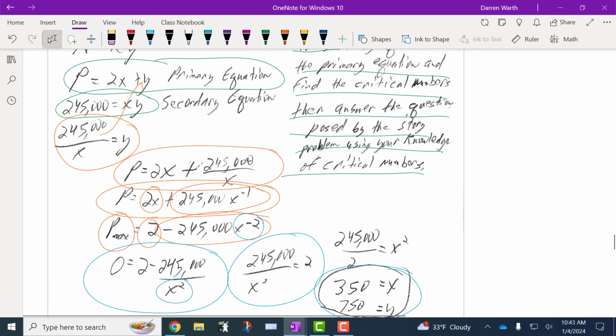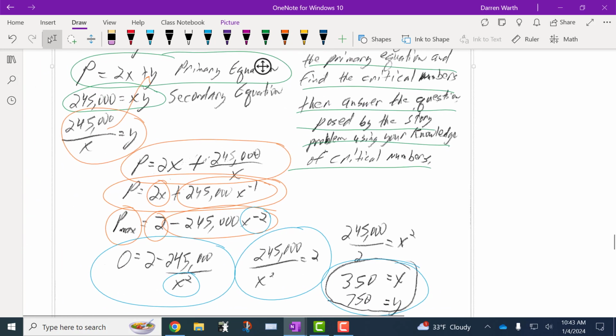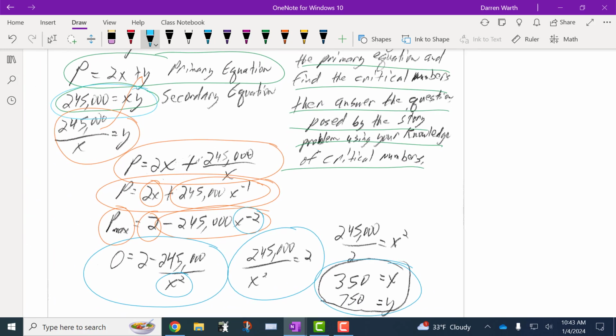So notice that this equation right here was 245,000 equals x times y. So 245,000 equals, we found out x is 350, times y. Divide 245,000 by 350, you're going to get your value of y. And when you put that in your calculator, you'll get the answer of 750.